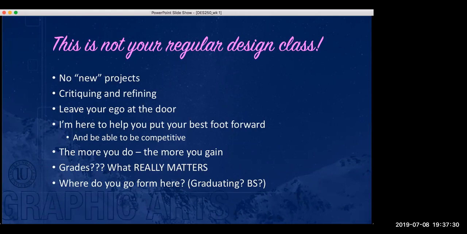Just as a little heads up, there might be projects from your previous classes that you got A's in. And so you might think, oh, then they're perfect. There's nothing I need to do to these projects. But that's not quite true. Sometimes you can get an A on a project just because you're fulfilling the requirements for that class. And the requirements for the 100 level classes or even some of the 200 level classes are not necessarily professional grade, right? We understand that you're in school and that you're learning software and that you're learning design principles.